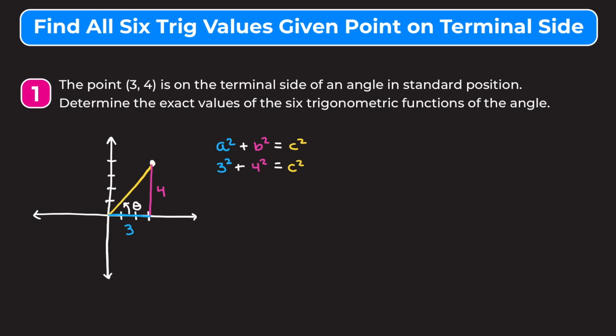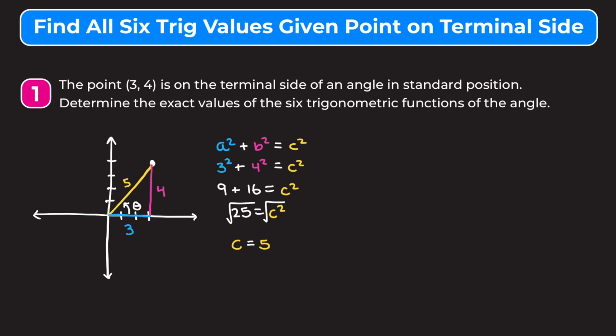Now we simplify: 3 squared is 9, plus 4 squared is 16, equals c squared. Adding 9 plus 16 gives 25 equals c squared. Finally, take the square root of both sides to get that our c value is 5. So this yellow side is 5.